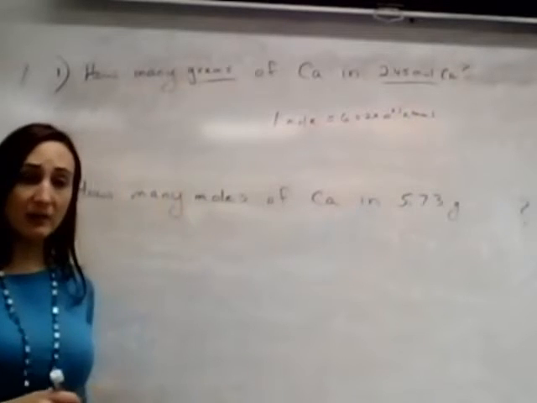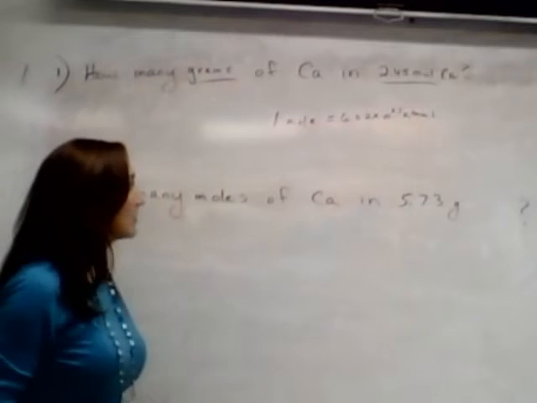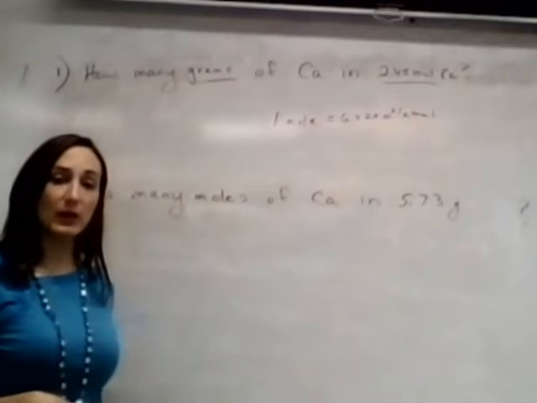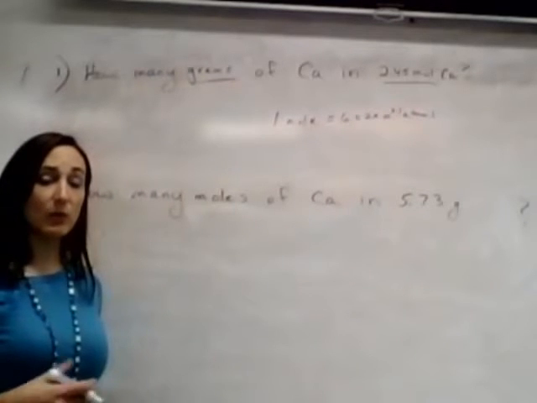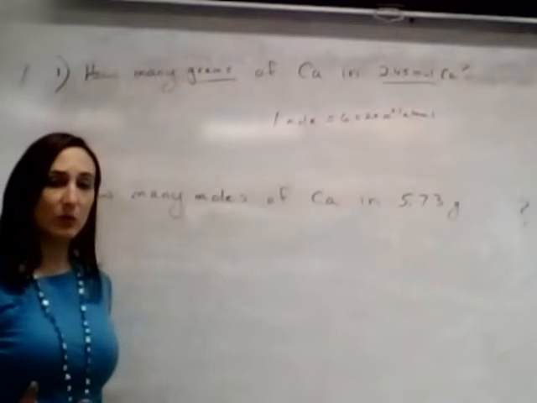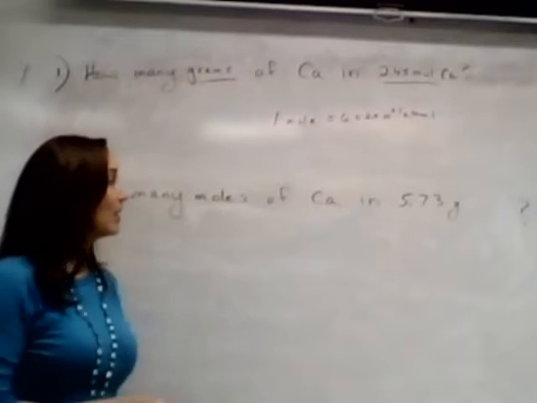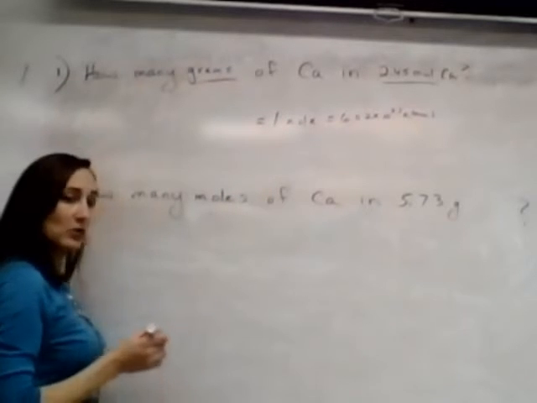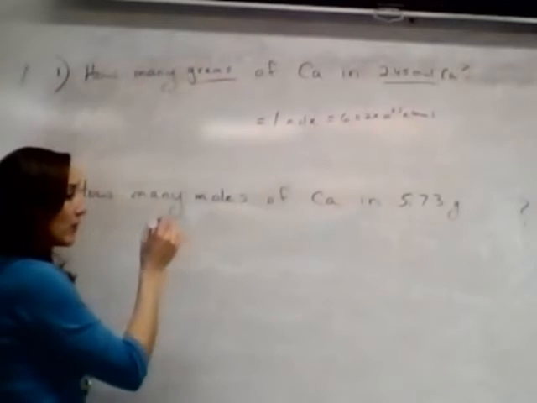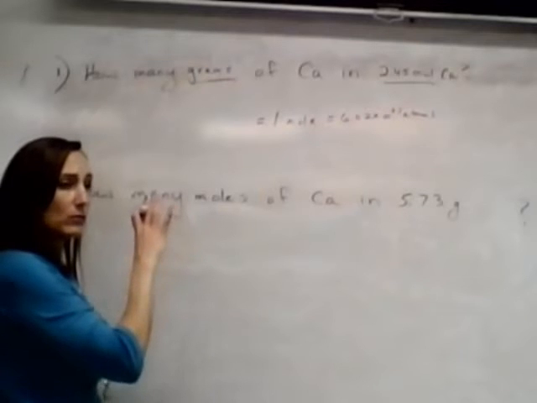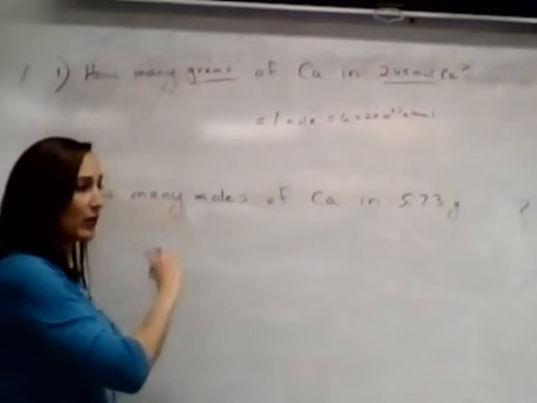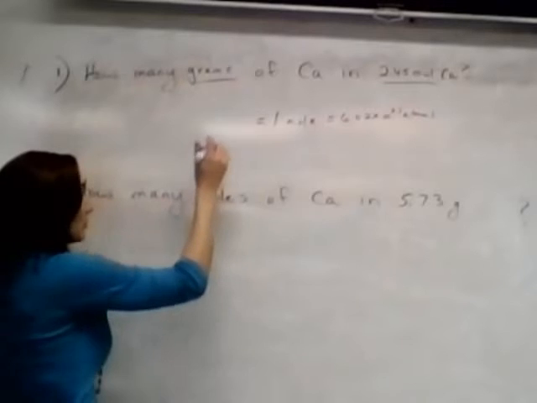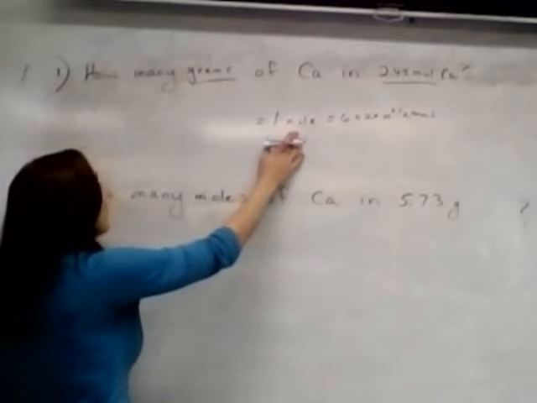However, when we talked in class, we said, well, counting things is great, but really we need to be able to connect to something we can actually measure because atoms are way too numerous for us to actually count. And so we said there's a connection to the masses from the periodic table, and we showed that derivation in class: the relative mass from the periodic table in grams is equal to a mole of that particular element.